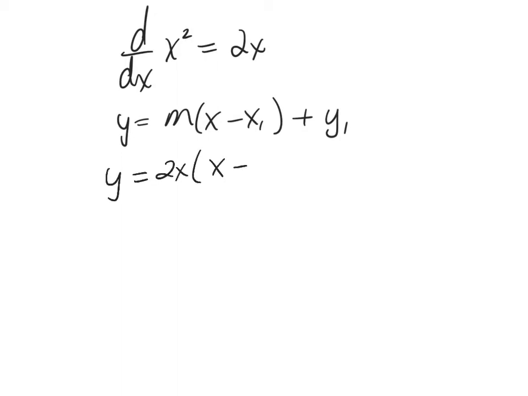And then the point that we are going to use is the point (4, 15). So we have y = 2x(x minus 4) plus 15. How are we doing so far? Doing okay? So I'm just going to multiply this through, and I get y is equal to 2x squared minus 8x plus 15.